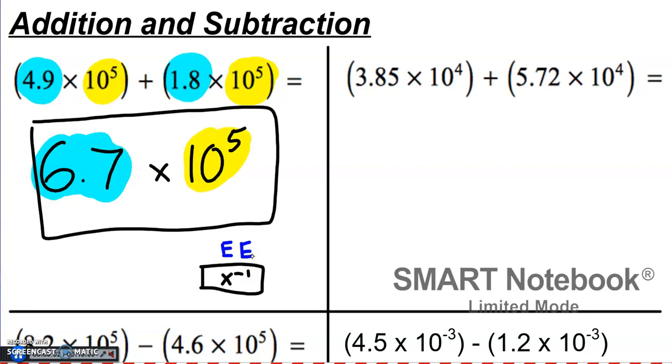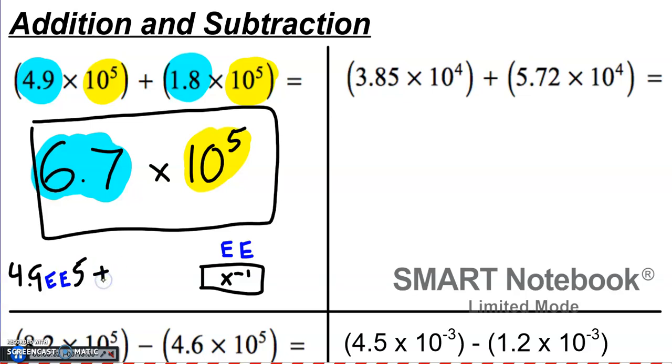So if I were to plug this into my calculator, it would be 4.9, and then that second EE, but when you type it in, it only comes up as 1E, okay? So it only comes up as 1E, and then you would type 5, because it's saying, hey, I want 4.9 times 10 to the power of 5.